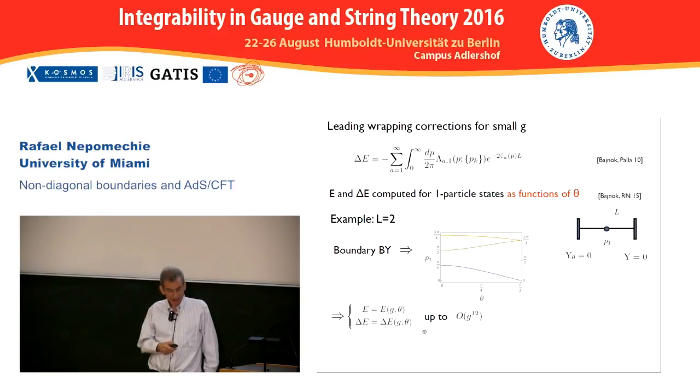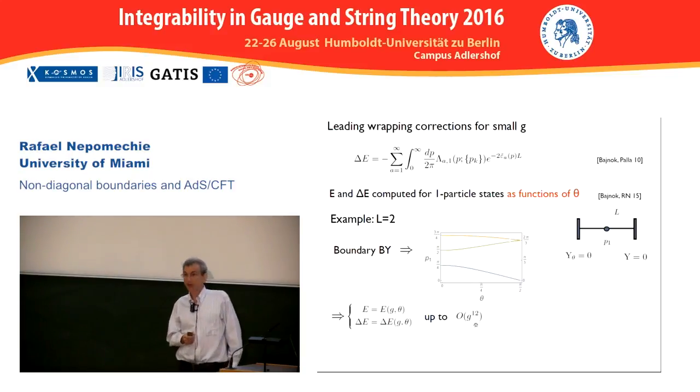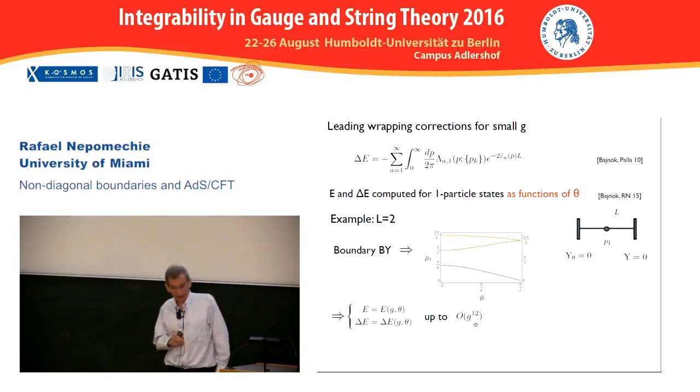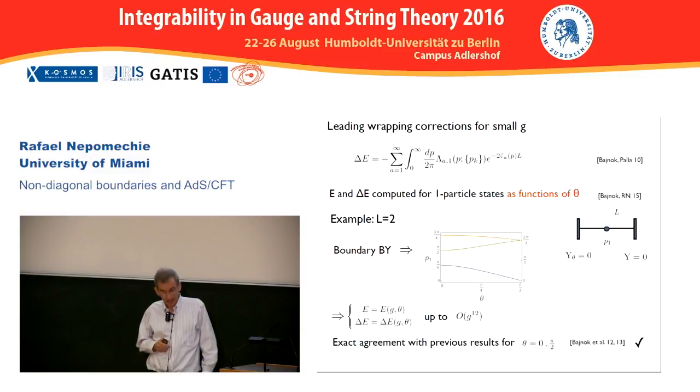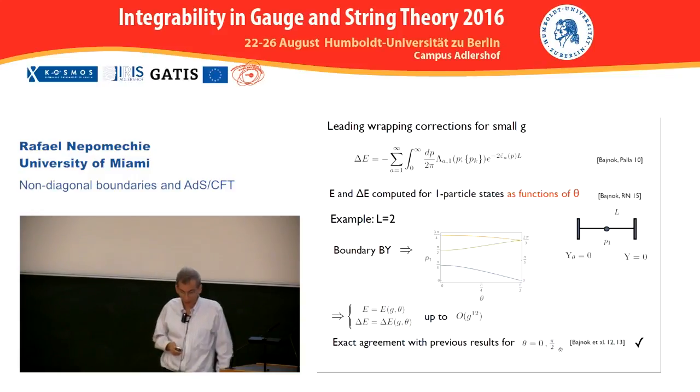And then we went ahead and computed the energy corrections as functions of g and theta up to order g to the 12th. So if you want the explicit results, they fill up like half a page. You can look in the paper. And what's nice is that there's exact agreement with the previous results for theta equal to 0 and pi over 2.